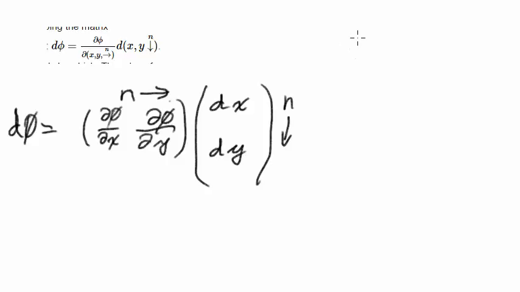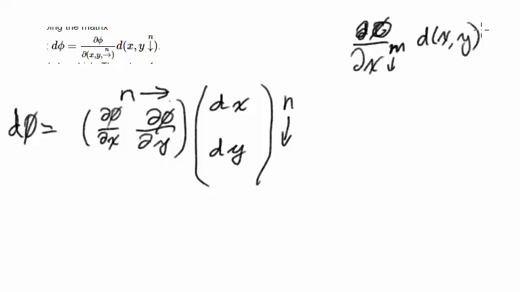Let's say we had an expression that said del phi del x sub n down arrow, and we'll make that a different variable here to indicate that it's different, and then dx comma y, and then we're going to make a different thing here.